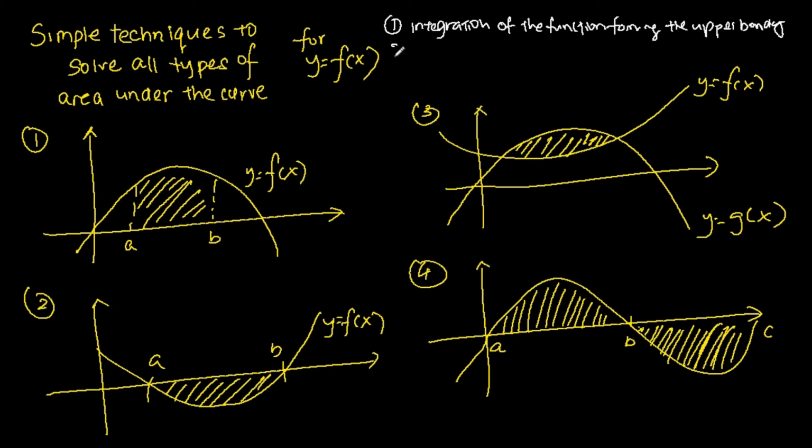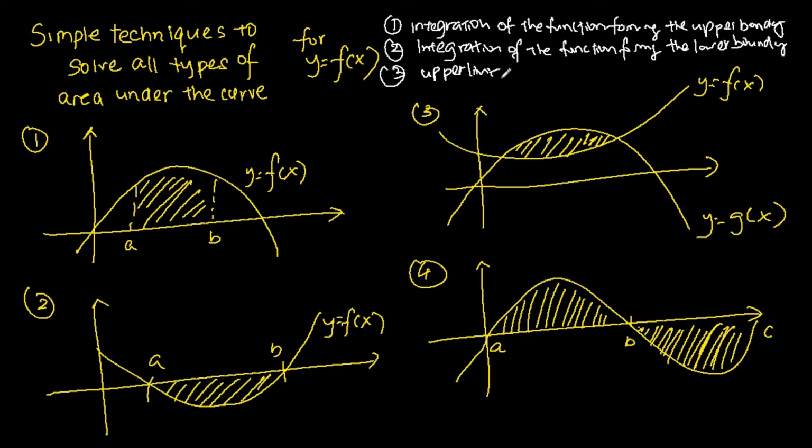The second step will be finding the integration of the function forming the lower boundary. The third step will be to find the upper limit of x. And the fourth step is to find the lower limit of x. By using the 4 steps shown, you'll be able to solve all the different kinds of area under the curve problems. Now let me show you by using the examples below.